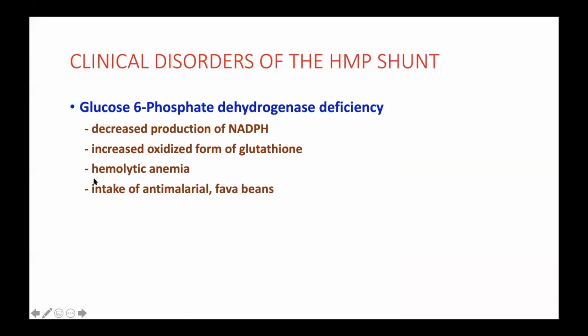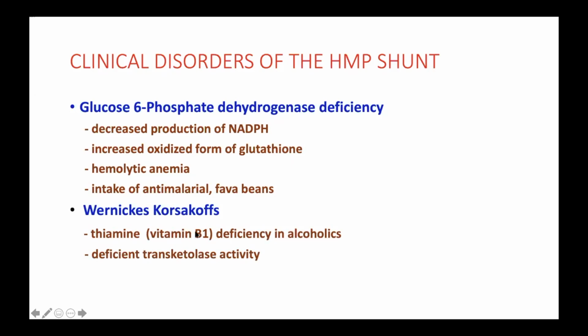Now, summary of the clinical disorders of the hexose monophosphate shunt. We've already memorized and dissected glucose 6 phosphate dehydrogenase deficiency. We've already mentioned Wernicke-Korsakoff, which we see in alcoholics and is associated with deficient transketolase activity.